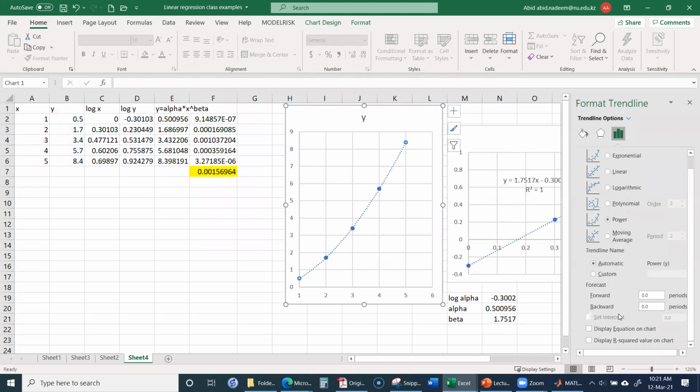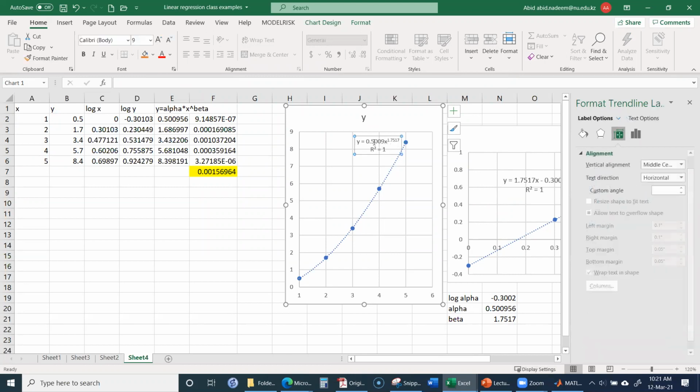And then I show this equation over here. So I get the same equation. Here you can see y is equal to 0.5009, the same, x power 1.75, and with R square approximately equal to 1.